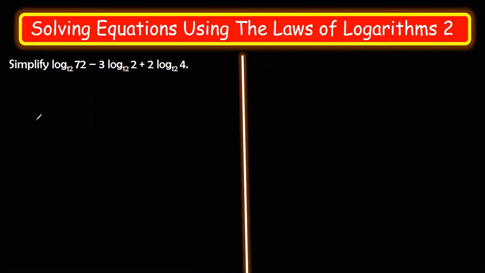Simplify log 72 minus 3 log 2 plus 2 log 4, all of them in the same base, which is base 12. Okay, let's begin.